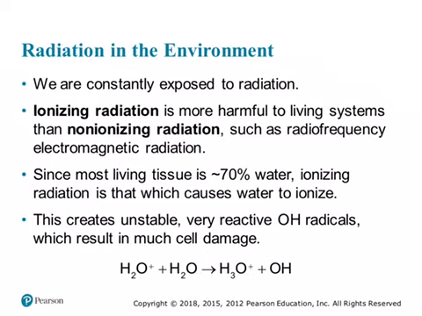When that happens, it creates unstable OH radicals, which result in cell damage. So here you can see, we've already been through this. You know this reaction. Water is amphoteric. It can be a proton donor, a proton acceptor. So here you're creating hydronium ions and OH radicals.